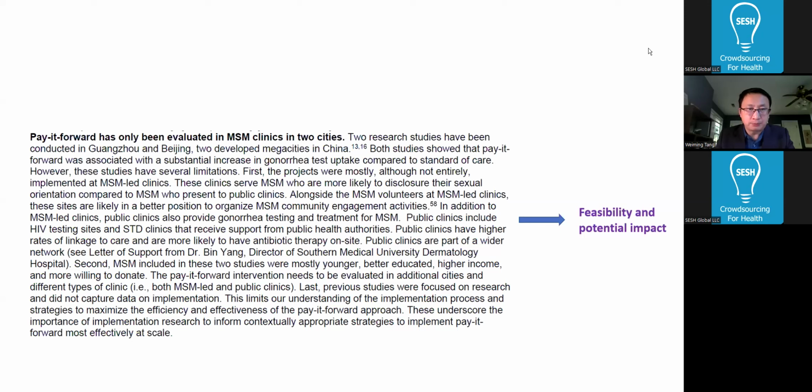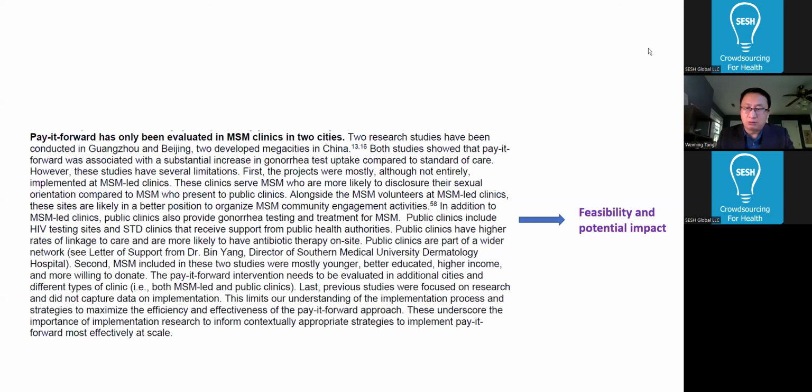And the previous study also focused on outcomes but did not capture the data on implementation. You also figure out how you can potentially address previous research gaps, and you will show the impact of the study, how you address the problems, and the feasibility and the potential impact of the study.